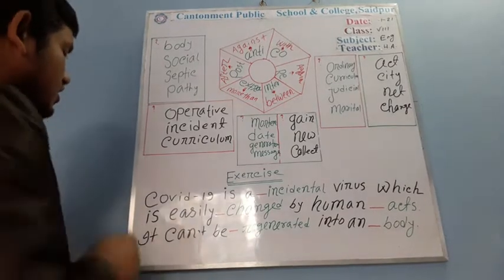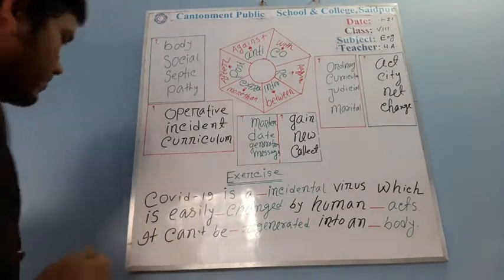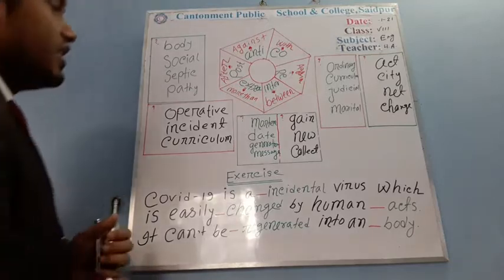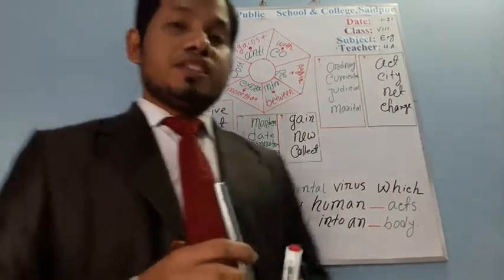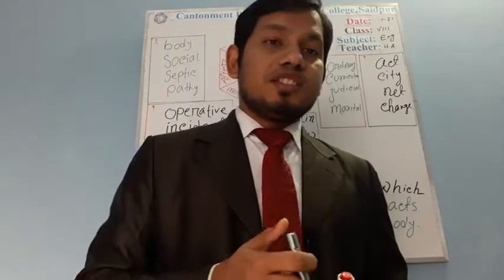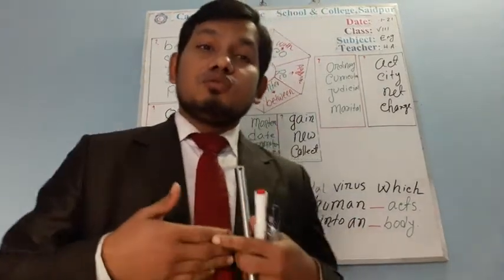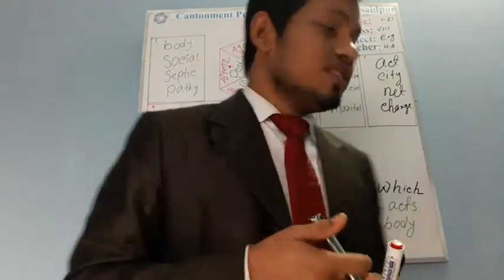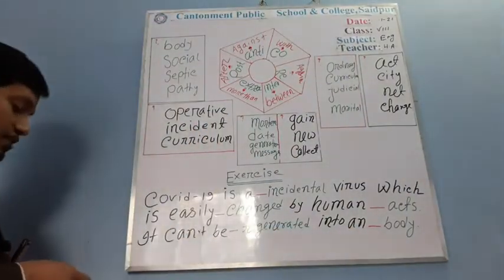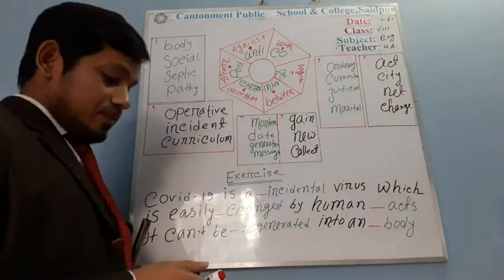Here you can see COVID-19 is an incidental virus. If you want to use a perfect prefix in a sentence, you must go through the full sentence because it depends on the meaning. Which meaning do you want to get here, learners?